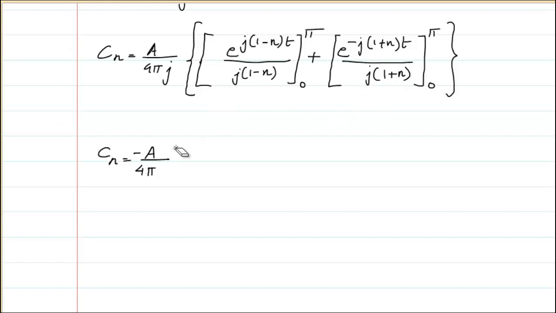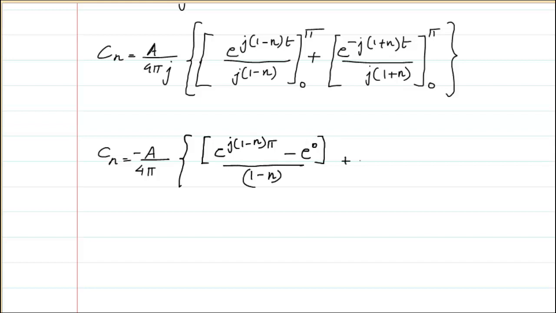Okay, and what remains within the brackets I will write: the first term is e raised to power j (1 minus n) pi minus e raised to power 0, divided by 1 minus n, since I have already taken j outside, plus here it will be e raised to power minus j (1 plus n) pi minus e raised to power 0, divided by 1 plus n.